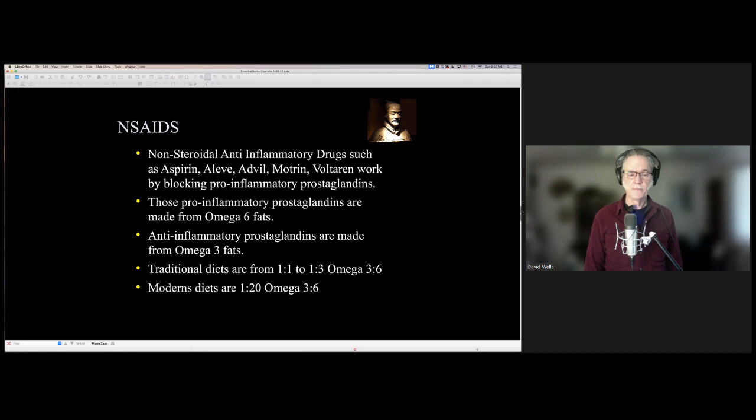Traditionally, diets around the world, from Hottentots to Eskimos, the diets were a ratio of 1-to-1 omega-3 to omega-6, or 1 part omega-3 to 3 parts omega-6. That was the normal ratio when you're eating plants and animals and things you can gather with your hands or hunt. Modern diets, by contrast, are 1-to-20 omega-3 to omega-6.